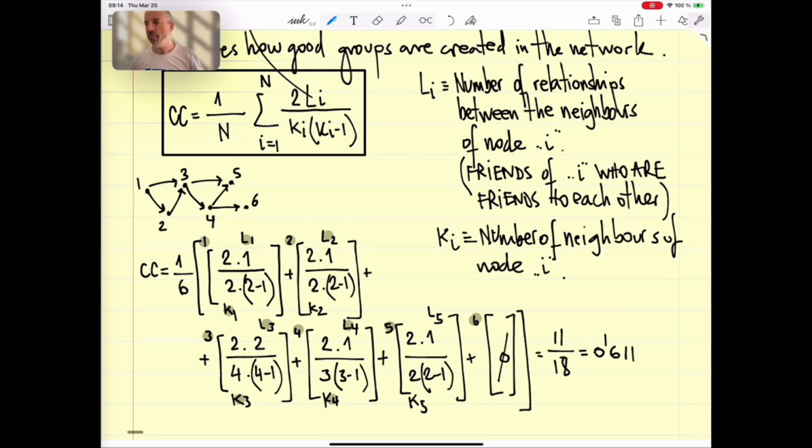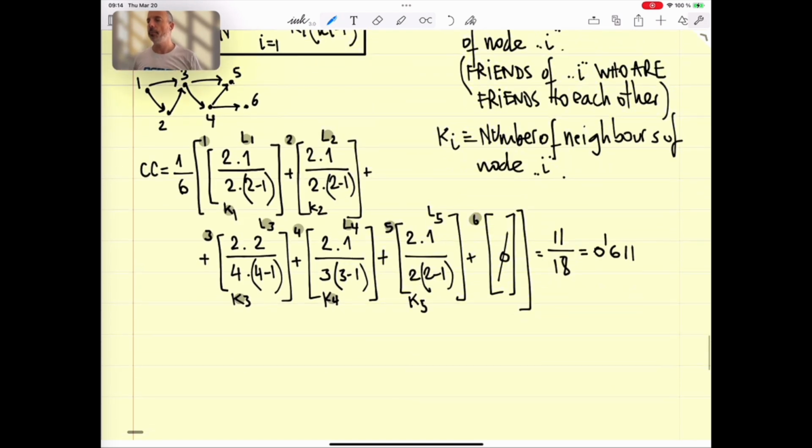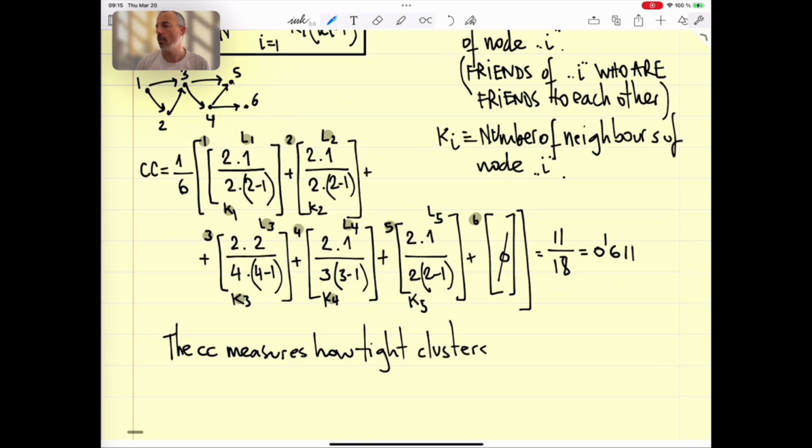So, again, imagine you are leaders of an organization. The clustering coefficient measures how tight clusters or groups are created in the network.